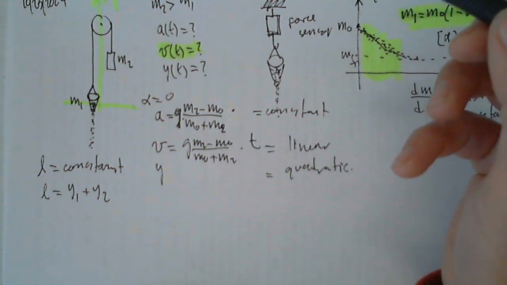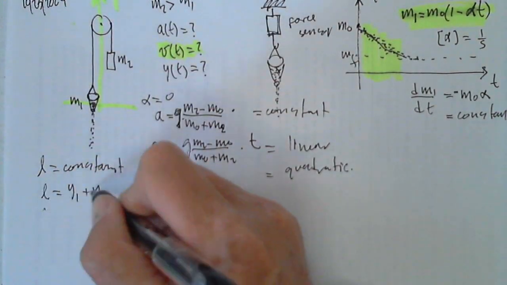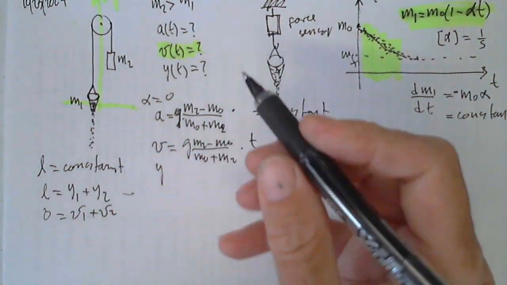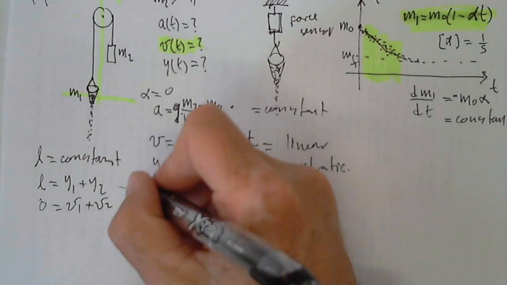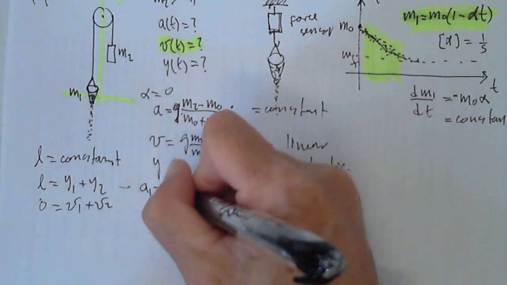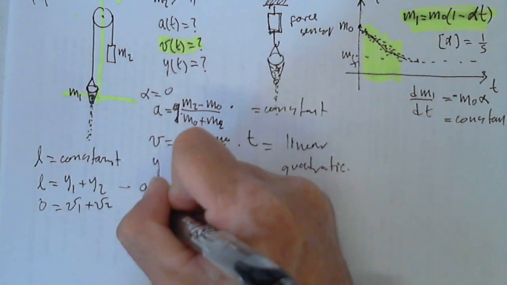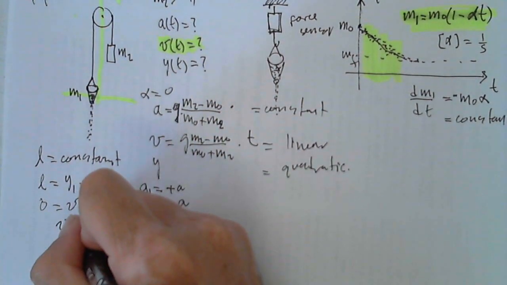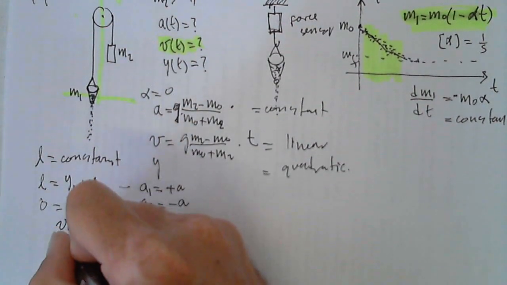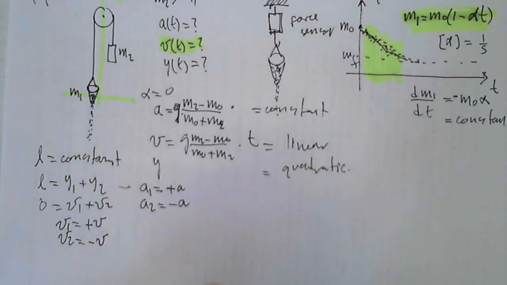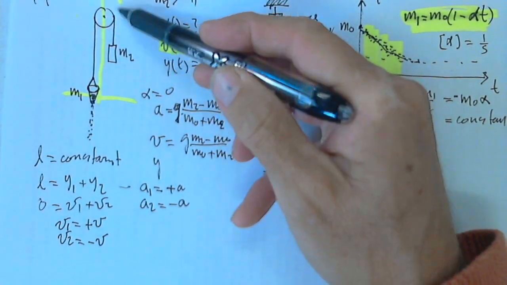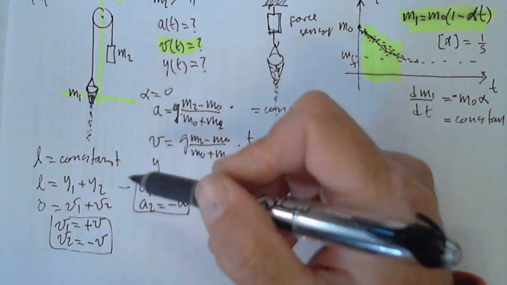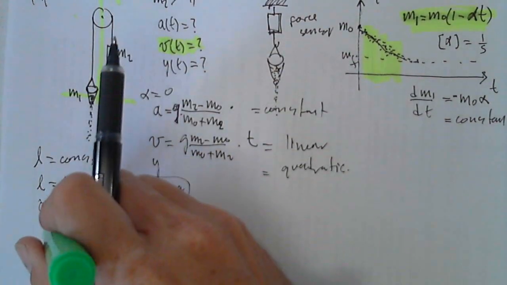The initial velocity is 0, so if you take the first derivative of this constraint equation, you get v1 plus v2 equals 0. In the same way that acceleration 1 is positive and acceleration 2 is negative, velocity 1 is going to be positive and velocity 2 is going to be negative. And because the string does not stretch, we got these equations. These are the ones we are going to use in this problem.